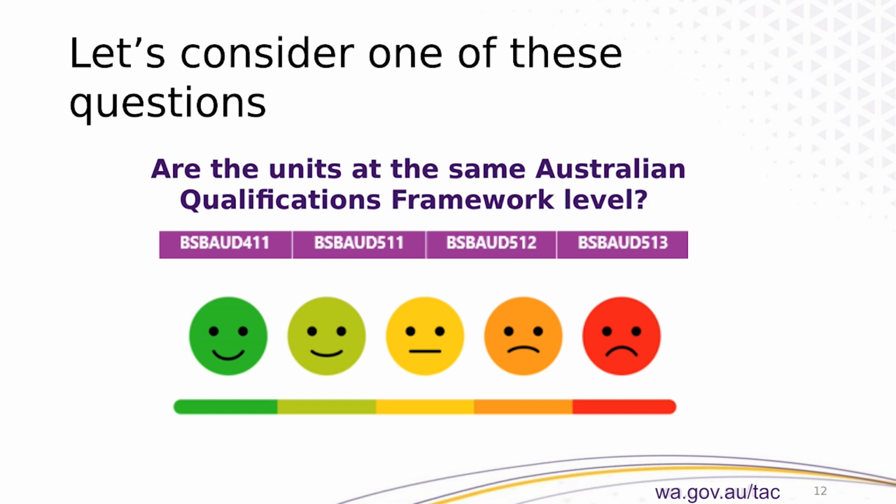Communication skills, those same words, are used in units at different AQF levels, but what you will find is that when you're looking at communication skills in maybe a Certificate 2 or a Certificate 3, it might be around communicating with your colleagues, following instructions, being able to read instructions, maybe sending memos. Once you start to move up the AQF level, when you find those words in qualifications that maybe sit at diploma or advanced diploma, it might be more around skills that you would then use to influence other people.